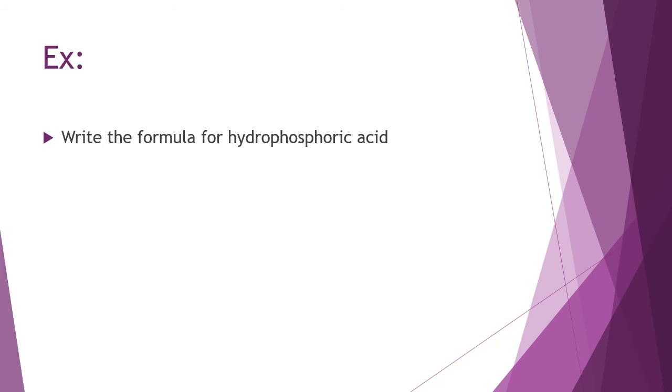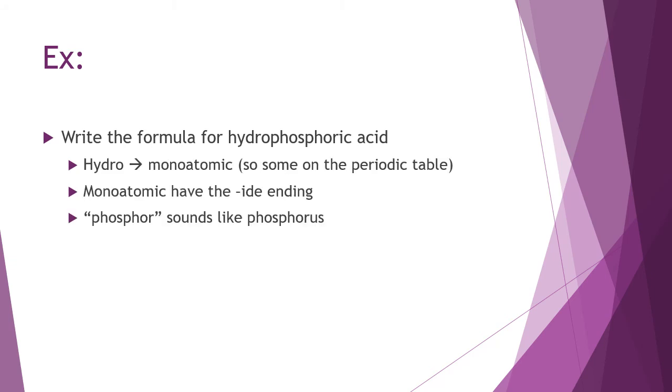Let us look at an example. What is the formula for hydrophosphoric acid? First, we need to figure out what anion is involved in this compound. I notice the prefix hydro- is out in front, which implies this is a monoatomic ion, so it's somebody on the periodic table. And that phosphor- part sounds like phosphorus, so this is probably the phosphide ion that is involved here.